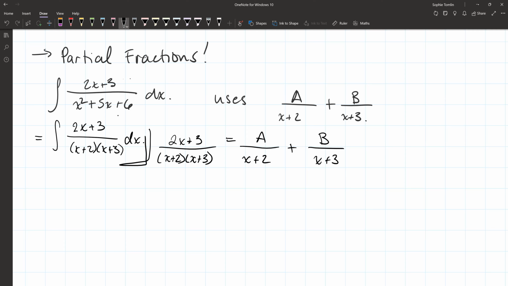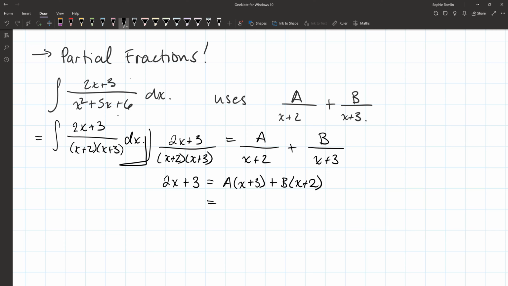If we expanded this, we would get the same denominator as over here, and then we'd get this numerator. So we can get rid of the denominators for a little bit, and then we'd have that 2x plus 3 equals a(x plus 3) plus b(x plus 2).